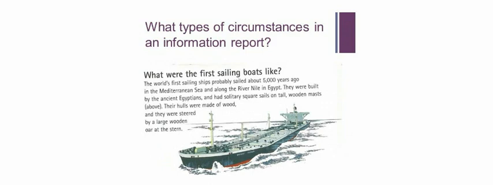That's a preposition phrase, along the River Nile in Egypt. In the Mediterranean Sea, that's a preposition phrase. Actually, in Egypt is a preposition phrase too. About 5,000 years ago, another preposition phrase. So these examples show how we use preposition phrases all the time as circumstances that tell us when and where things happen and what they are like.